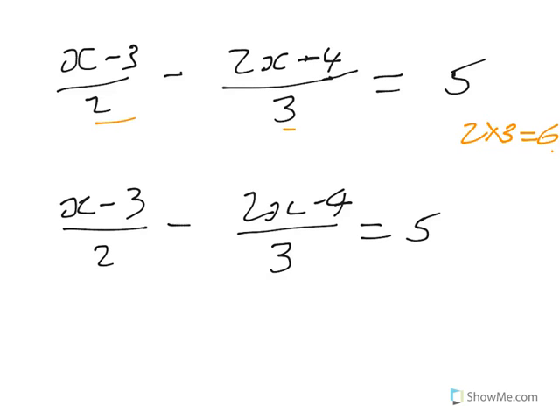Because 2 times 3 equals 6, if I then multiply everything by 6. Now, over here, 2 goes into itself once and it goes into 6 3 times.